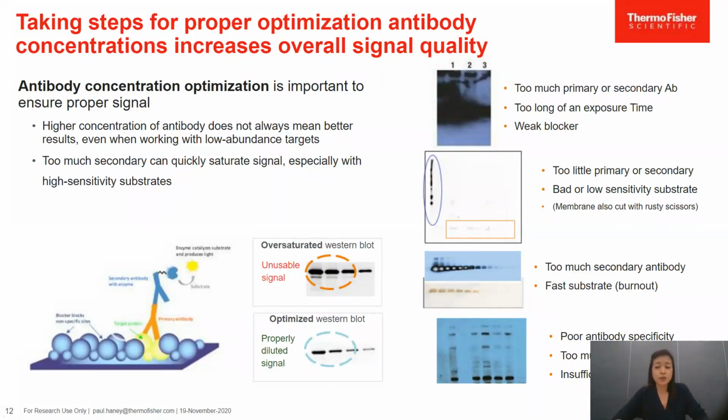On the other hand, too little antibodies used, coupled with a poor sensitivity substrate, will result in faint, undetectable bands, as you can see in the second blot. In the third blot, you can see saturated bands that are burned out, likely because too much secondary antibody was used together with a fast substrate. And in the last blot at the bottom, there are many non-specific bands, which could be due to poor antibody specificity, too much primary antibody, or insufficient blocking.